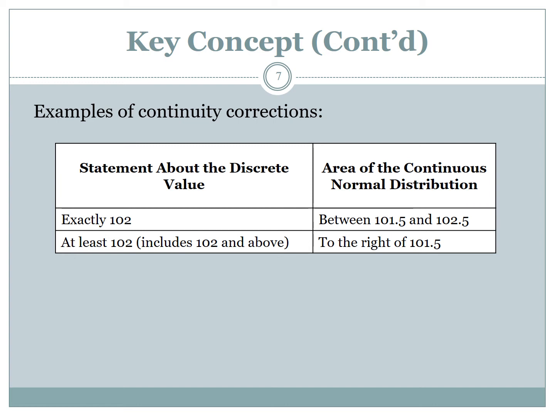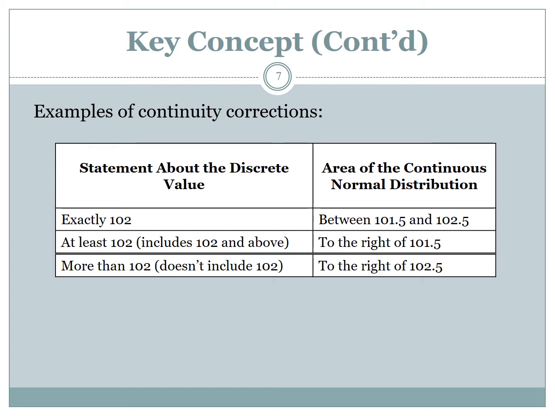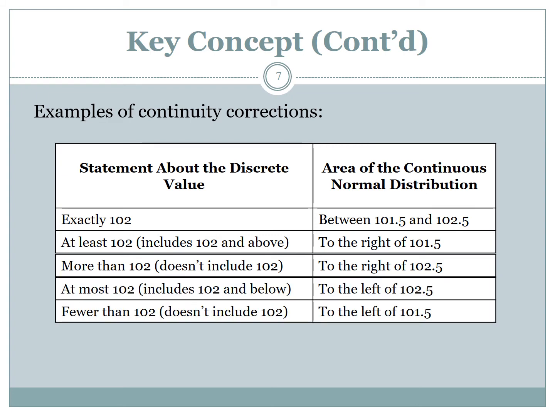So on the normal side, we would look at everything to the right of 101.5. More than 102. This time, this does not include 102. So we want to go to the right of 102.5. At most 102, this includes 102 and above.